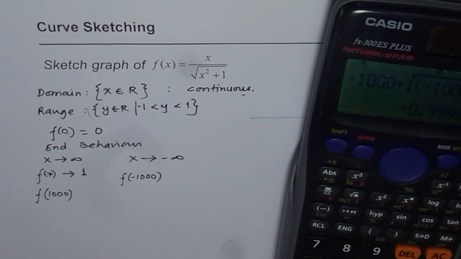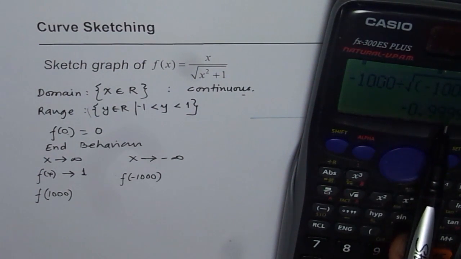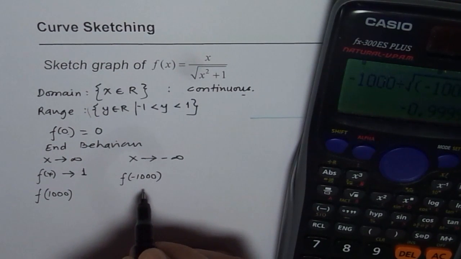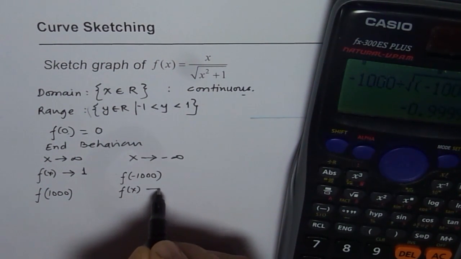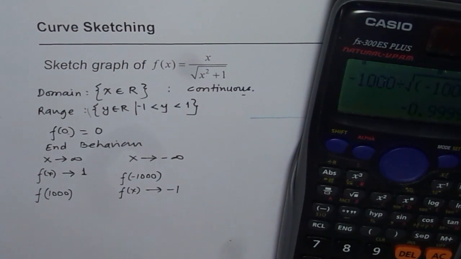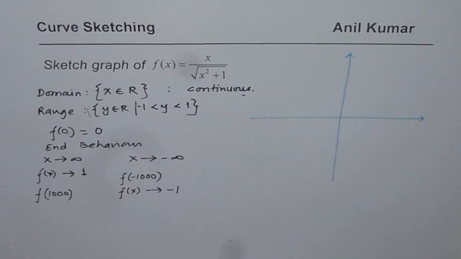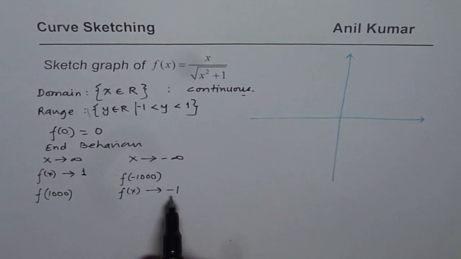So in this case we approach minus 0.999. So basically, we find that at this stage the function f of x is approaching minus 1. Do you see that? As it approaches minus 1, it is not quite there.